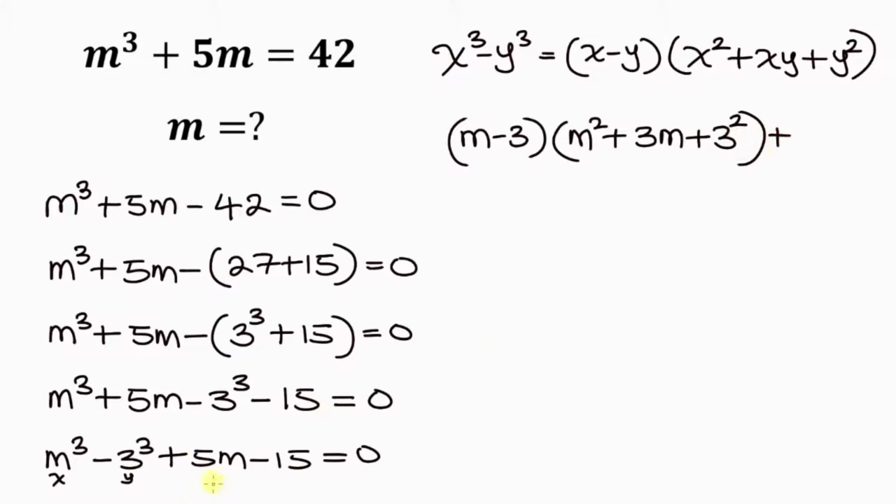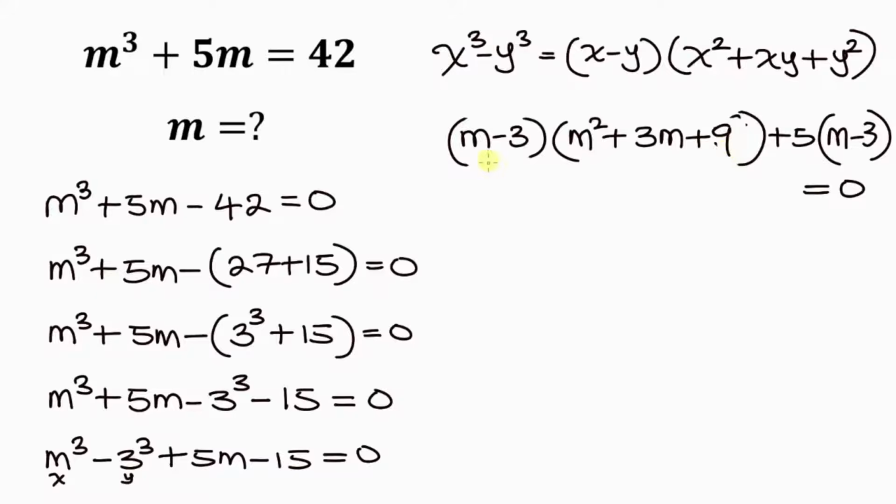Now notice that 5 is common, so we can factor out 5. Now 5m divided by 5 is m minus, and then 15 divided by 5 is 3. Good. And this is equal to 0. Now we know that 3 squared is 9, so I'm going to be putting 9 here instead for simplicity. So this is 9.